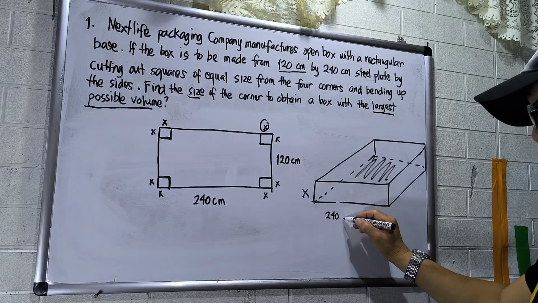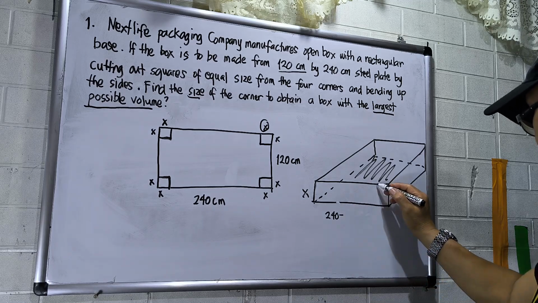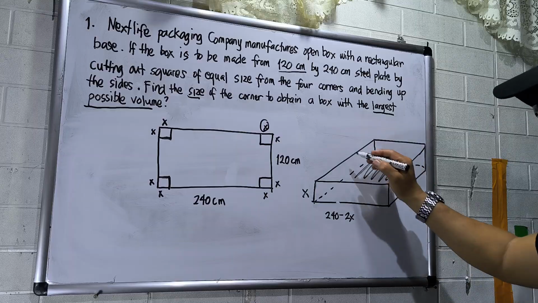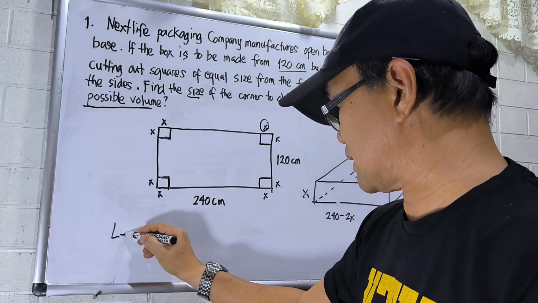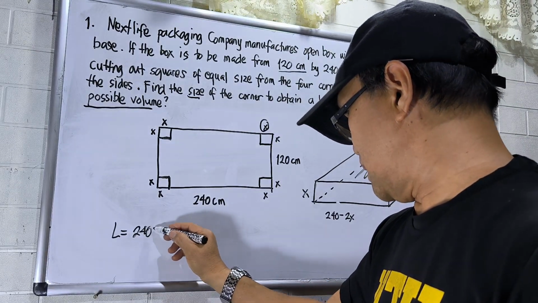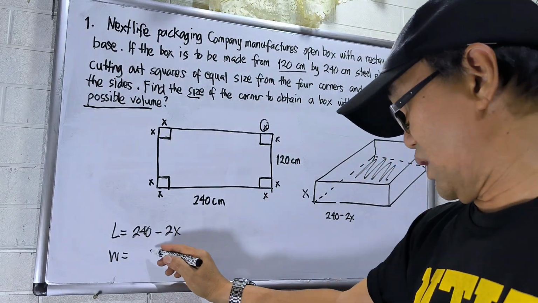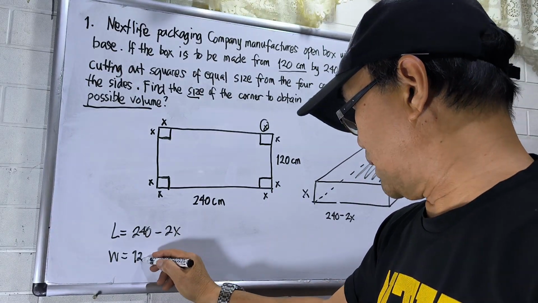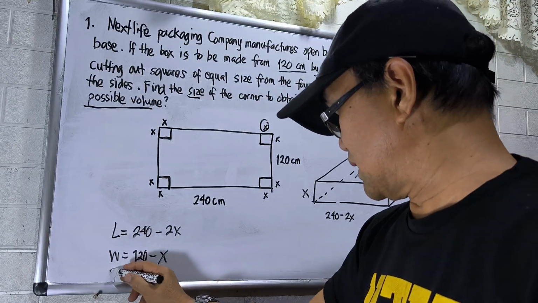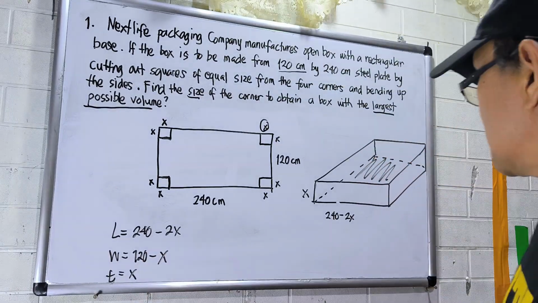The length will be 240 minus 2x, since there are 2x, and the width, because there are also 2x, will be 120 minus 2x, and then the thickness is x.